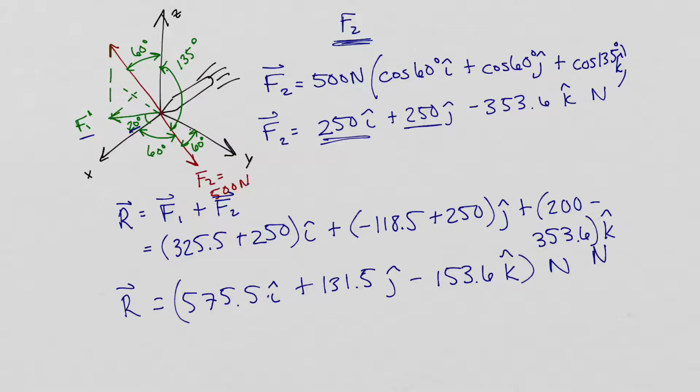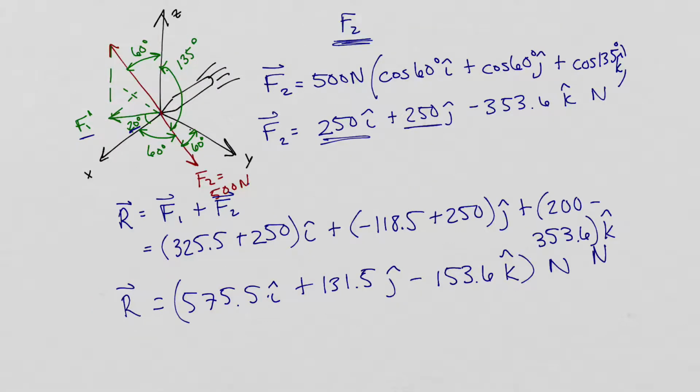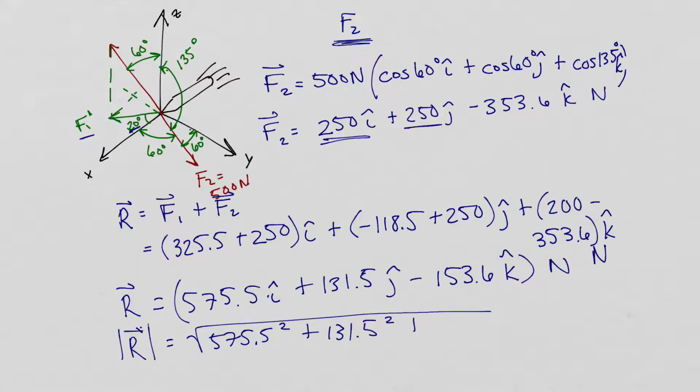So we got to the resultant force, but we're not quite finished yet because they wanted us to find the magnitude and coordinate direction angles of that resultant force. So the magnitude, we just do the square root, so the magnitude of R equals the square root of each of those terms squared, so 575.5 squared plus 131.5 squared plus, and it's negative, but when it's squared it'll go away, 153.6 squared.